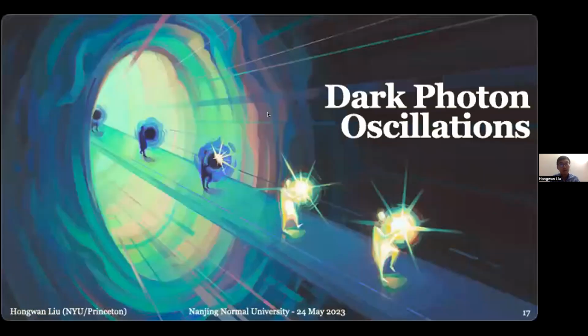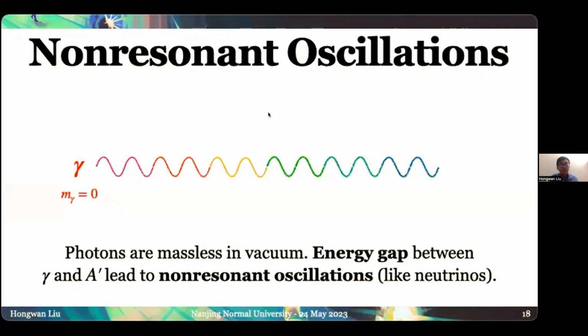Okay. And so in the next part of the talk, I'm going to discuss how dark photons and photons oscillate into each other in the presence of some of these in-medium effects. So the rough picture that I've given you so far, when I talked about dark SRF, for example, is what we call a non-resonant oscillation, where you have oscillations between photons and dark photons happening in a vacuum.